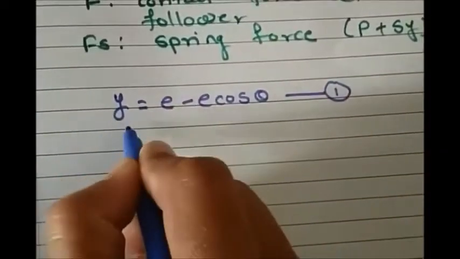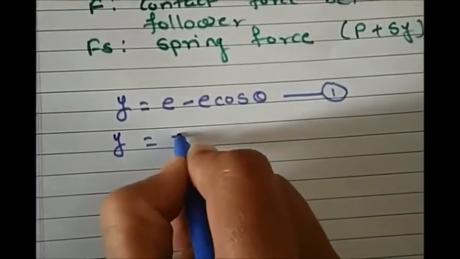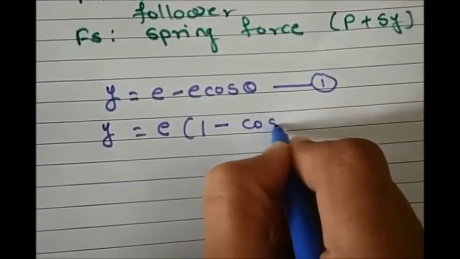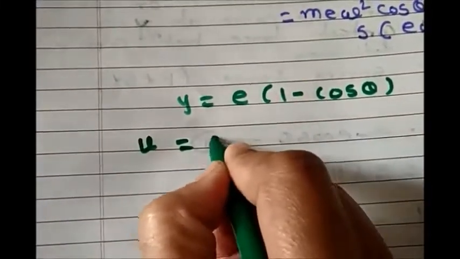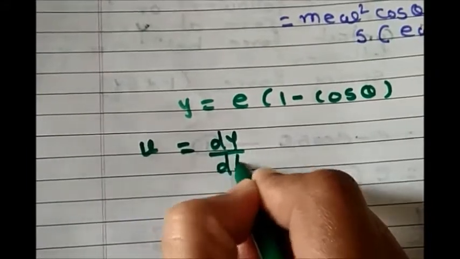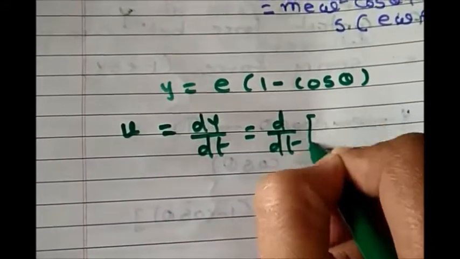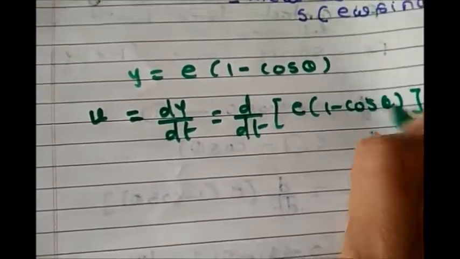Again, let's come to this equation for y, the displacement of the follower. Let's take E common: E into 1 minus cos theta. Calculate velocity. Velocity is equal to dy by dt. So it is d by dt of E into bracket 1 minus cos theta.